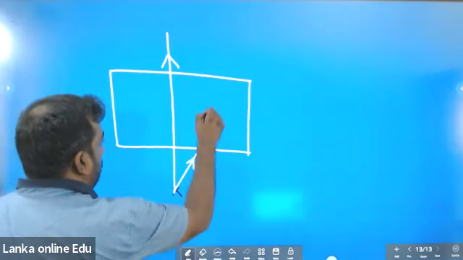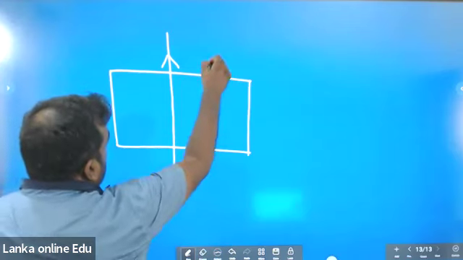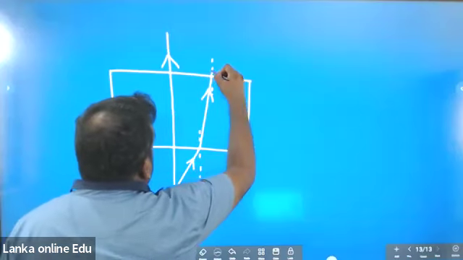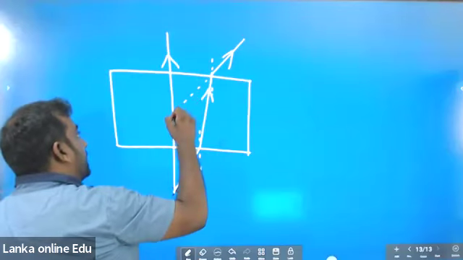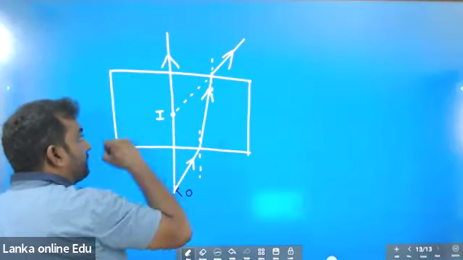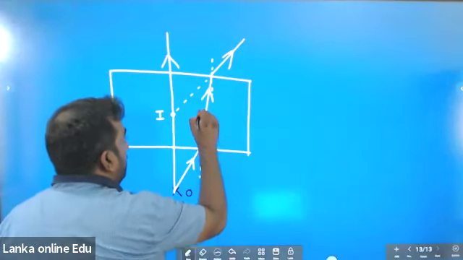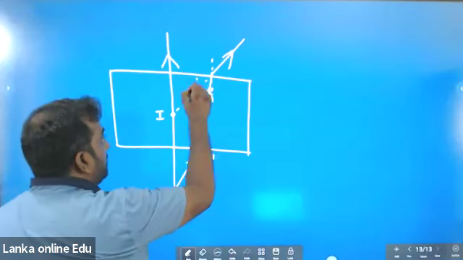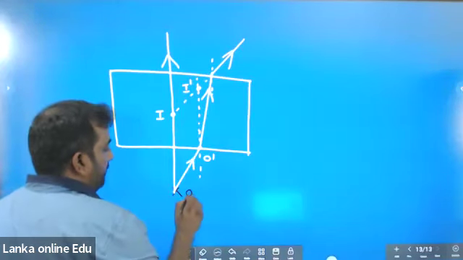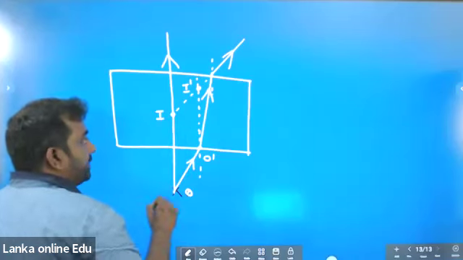Rarer to denser is towards the normal, denser to rarer is away from the normal. Like the object is at O dash, the image will be at I dash. If the object is at O, the image is at I.